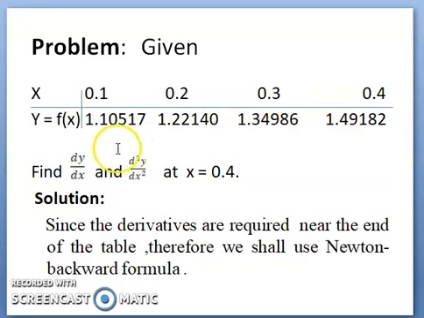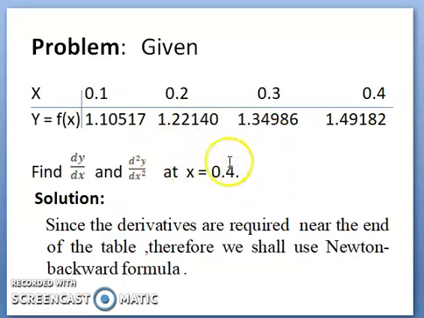Find the values of dy by dx and d2y by dx square at x equal to 0.4. This is a problem of Newton's backward interpolation formula.